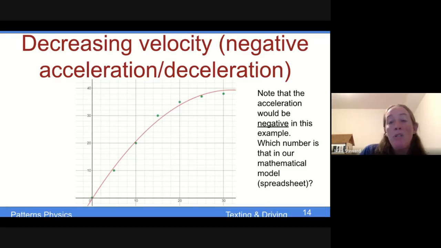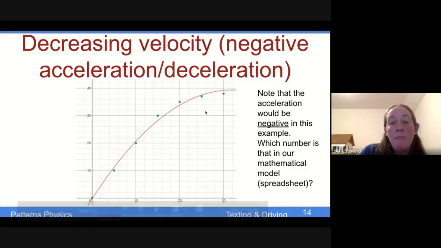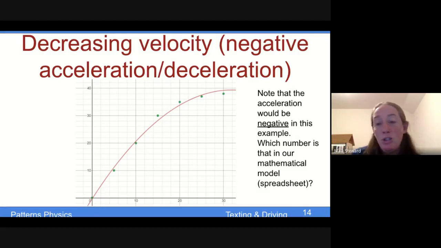So the way we represent that in an equation is instead of talking about braking as acceleration, braking is deceleration, which is also known as negative acceleration. So the difference between speeding up and slowing down is throwing a negative in front of the number.